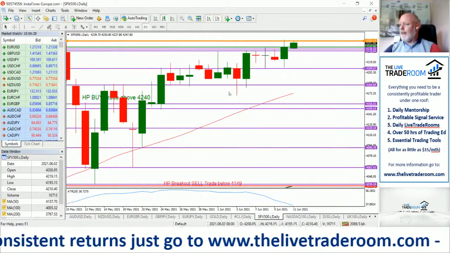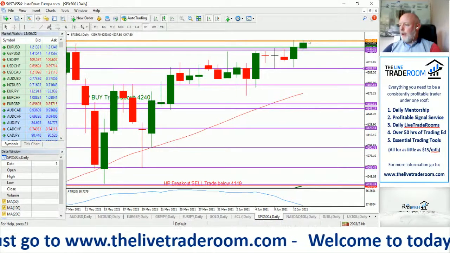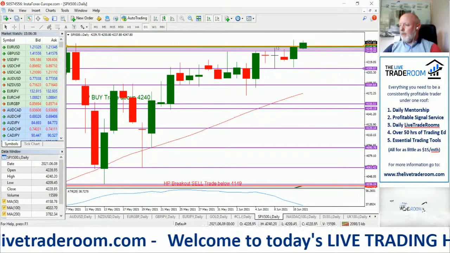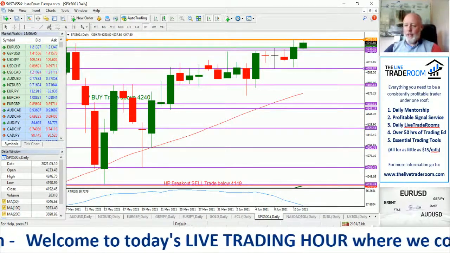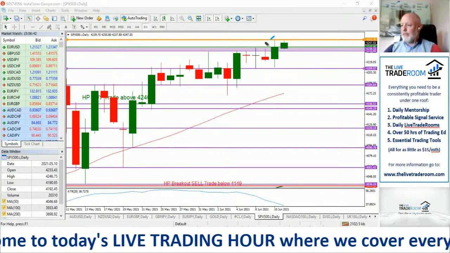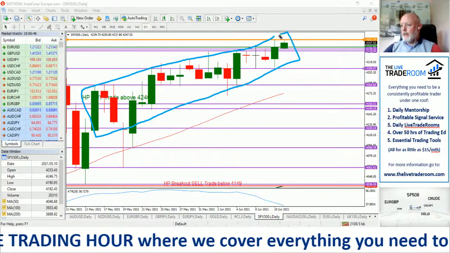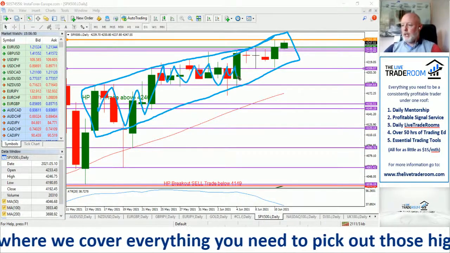The S&P 500, we're at the second highest price of all time, so we're just grinding our way to the upside, as you can see in these markets. We're in a fairly tight range within a lot of this price action.